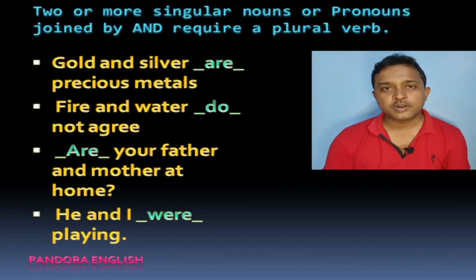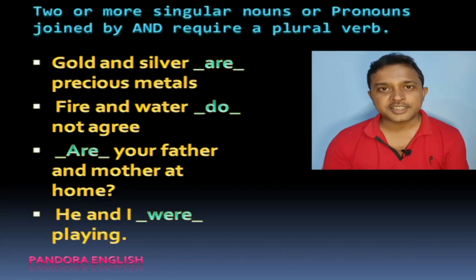So two or more singular nouns or pronouns joined by and become plural in sense, and that is why the subjects require a plural verb. Therefore, the correct answers will be: gold and silver are precious metals. Fire and water do not agree. Are your father and mother at home? He and I were playing.